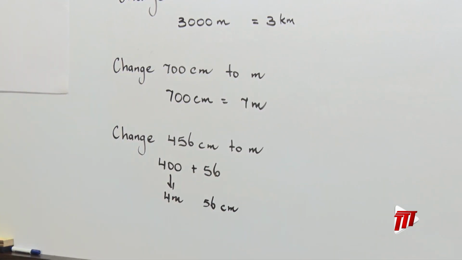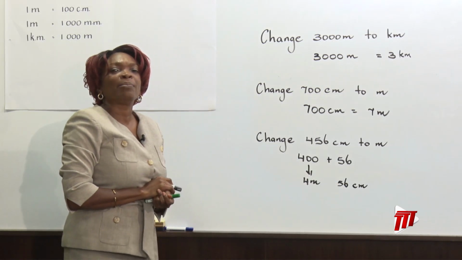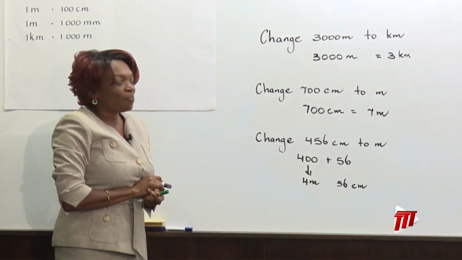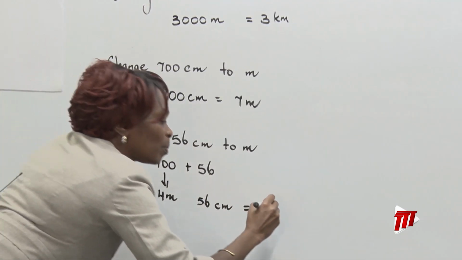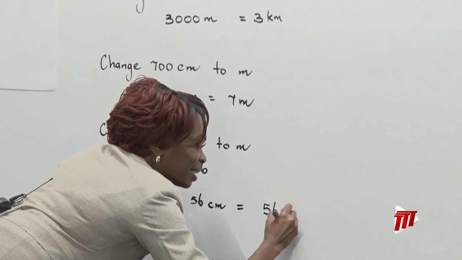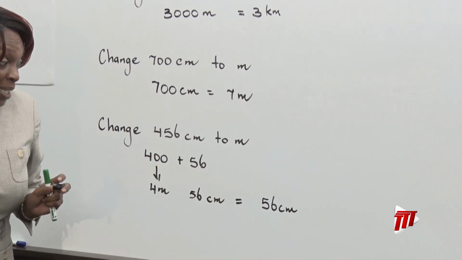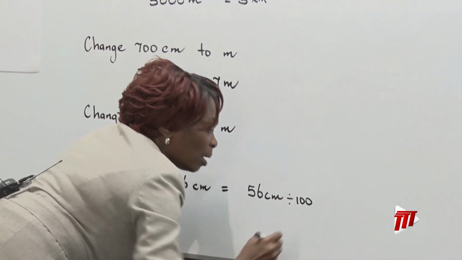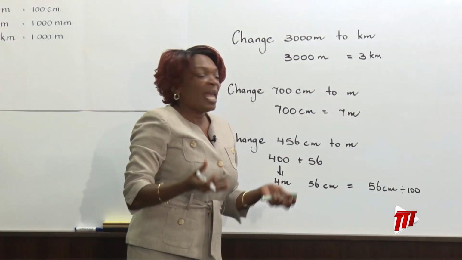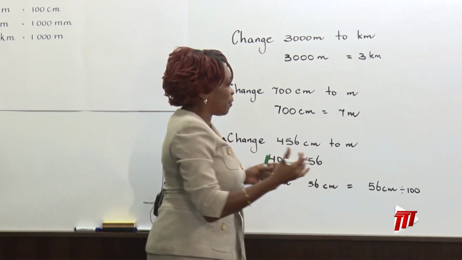Interesting, isn't it? If we were to change this to a decimal, I wonder what we would do. 56 centimeters is less than 100. So we can say 56 divided by 100 because there are 100 centimeters in 1 meter. So you can get one of 2 things.